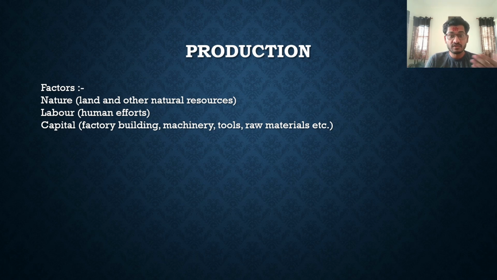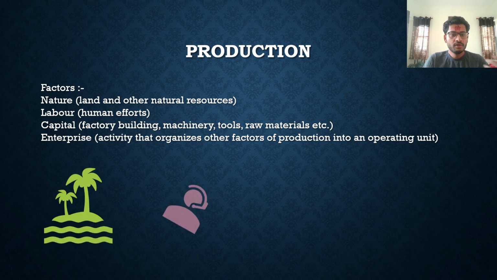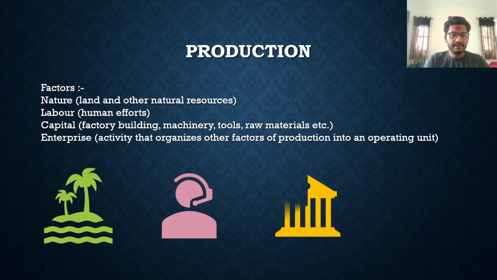In case of services, it would be your laptops and computers. And then the enterprise, the activity that organizes the other factors of production into an operating unit. So these are all very important factors for any production system to be set up.